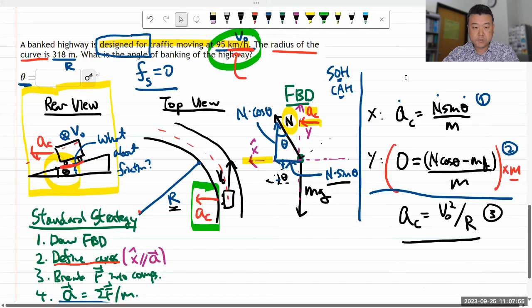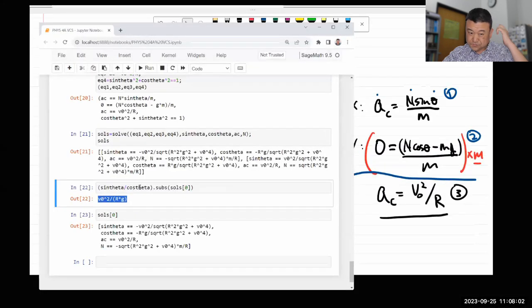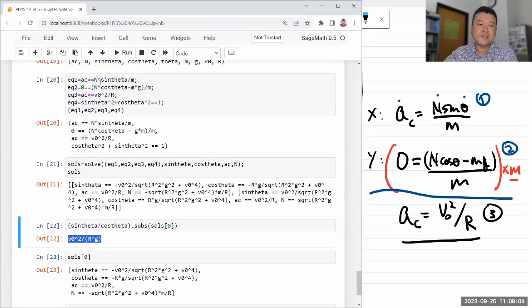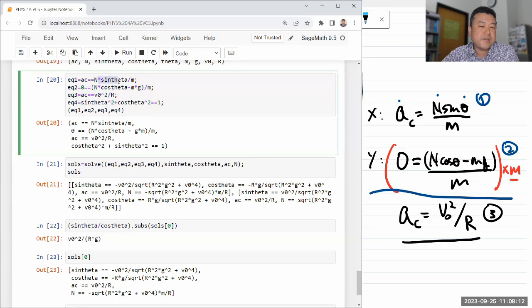Again, if you use a standard strategy, it's pretty straightforward. If you are going to use SageMath, I think this is right on the borderline where it might actually be less work to just do it by hand. If you do use SageMath, trig functions are the Achilles heel of the computer algebra system.